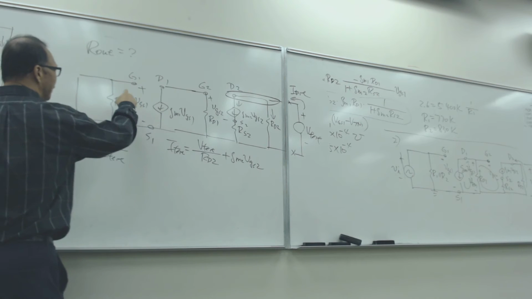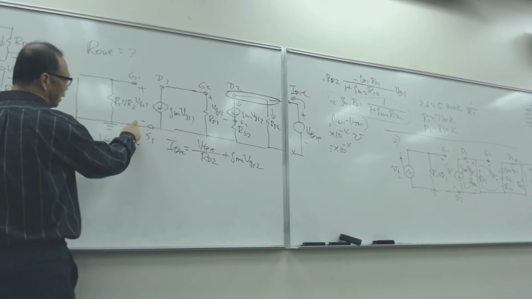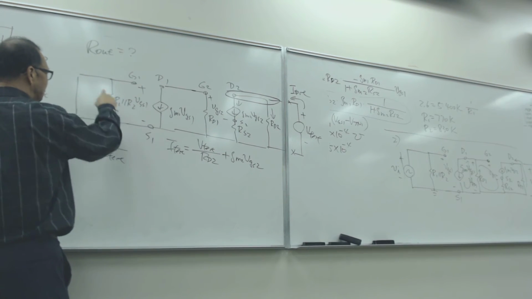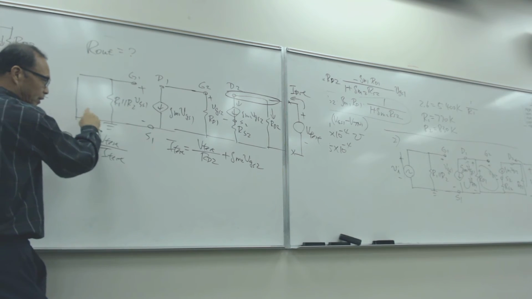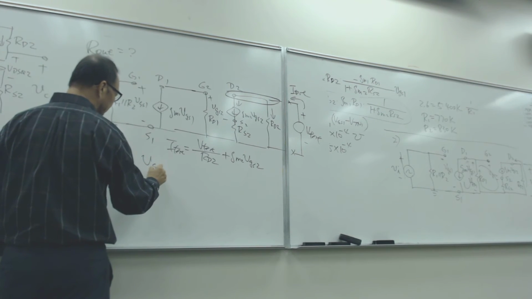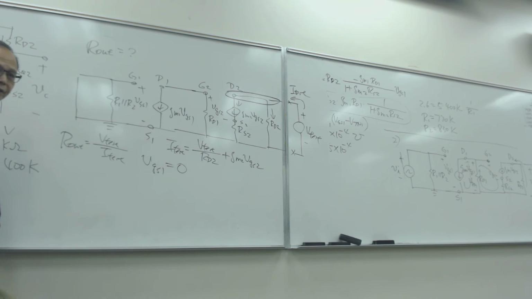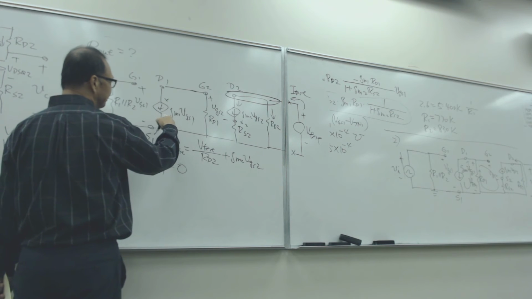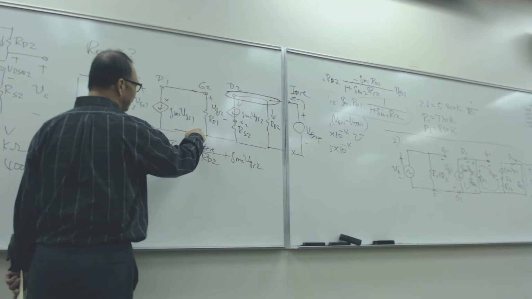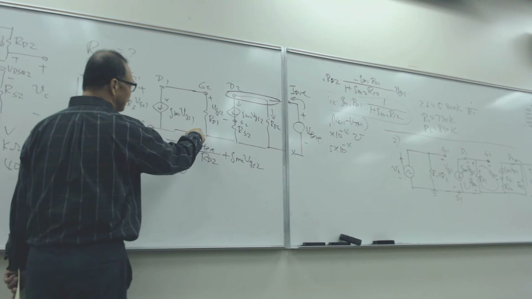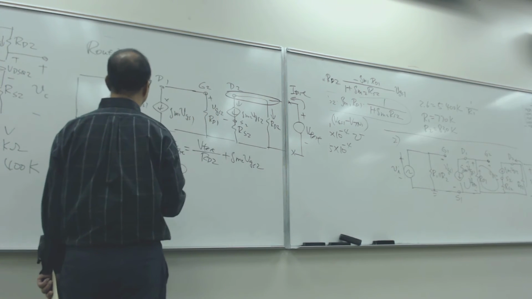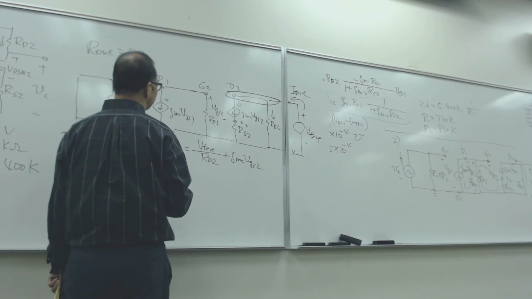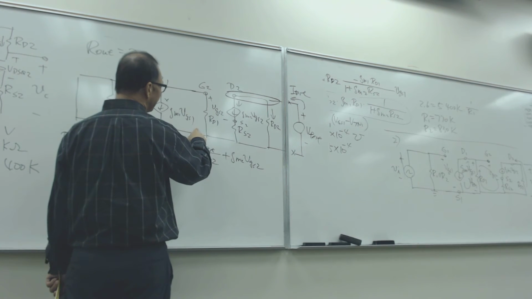Okay, now you look at here. This is VGS1, correct? And this is short. So what does that mean? 0. VGS1 equals 0, yes? If this is 0, this current is 0, right? There will be no voltage drop here, right? So there will be 0 here.